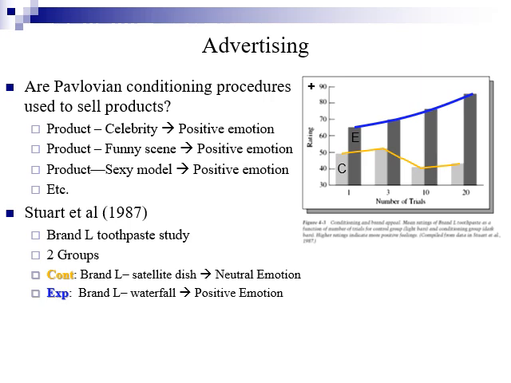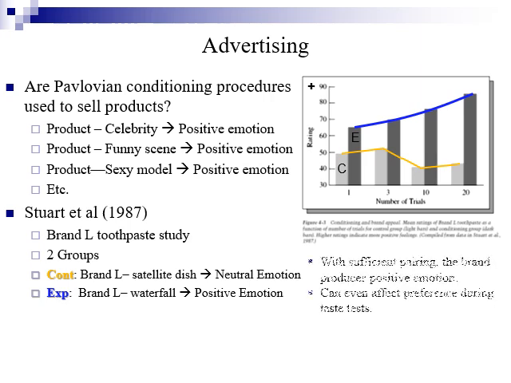So, that's the power of Pavlovian conditioning in advertising. With sufficient pairings, the brand can produce positive emotions and can even affect preference tests, taste tests. So think about the number of times that we see commercials.